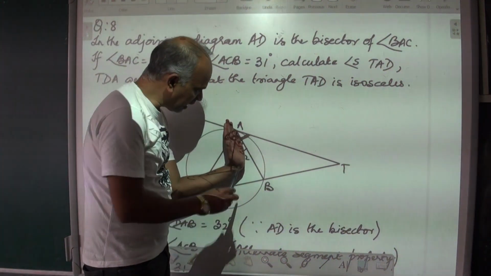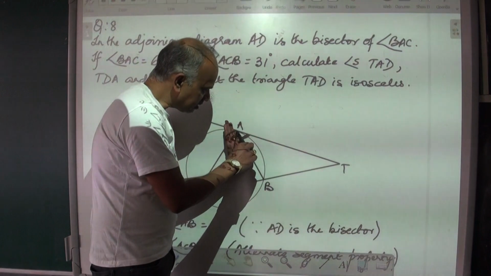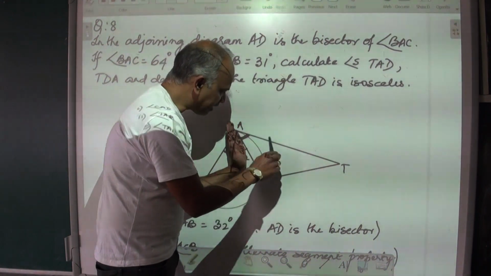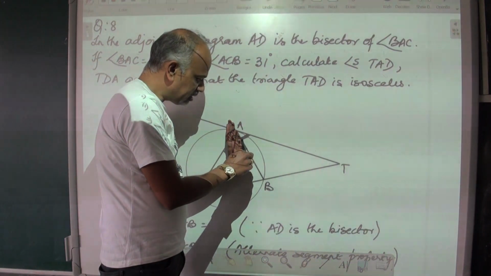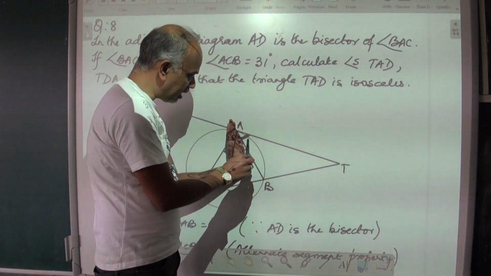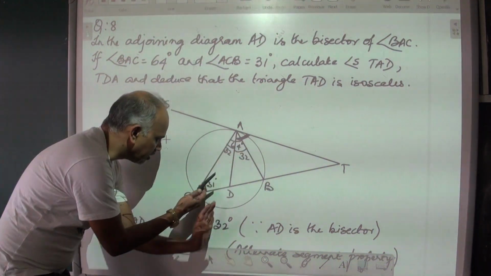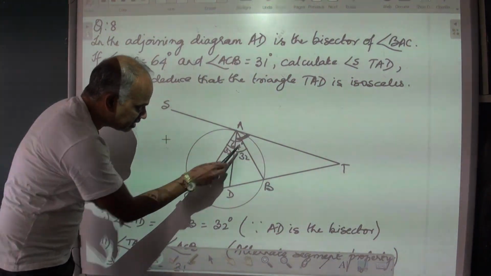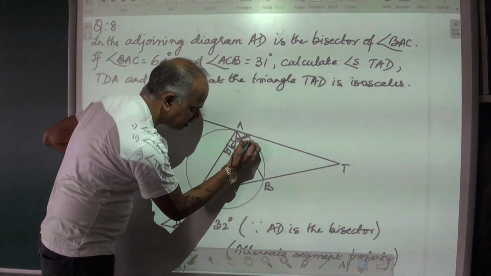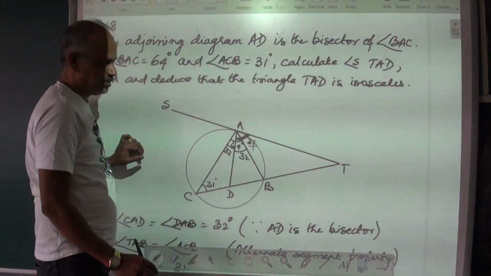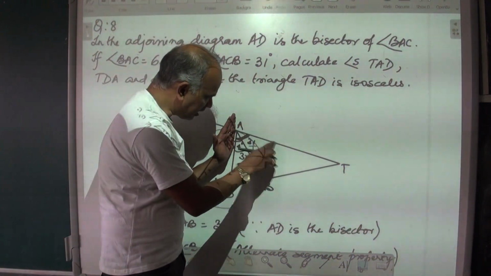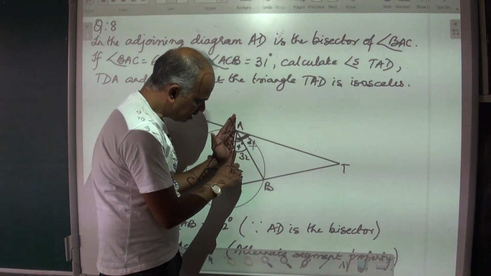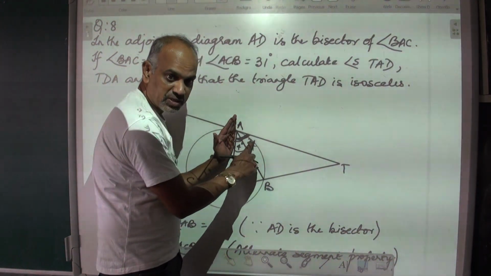The remaining part touches the chord and the tangent. The angle between the chord and the tangent is equal to the angle made by the same chord in its alternate segment. That means this must be 31. So the whole angle TAD will be this much, 31, plus this much, 32, added together that will give you 63.